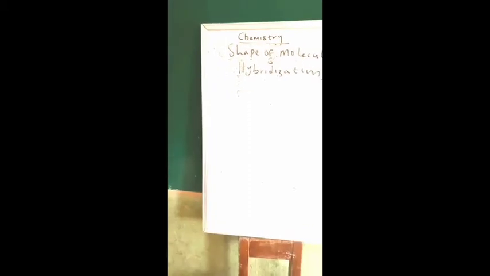Beryllium chloride is linear in shape, right? Now, how do I know the bond pair and the lone pair? Obviously, since it is linear, the bond angle is going to be 180 degrees. Students, is that clear? The bond angle will be 180 degrees.